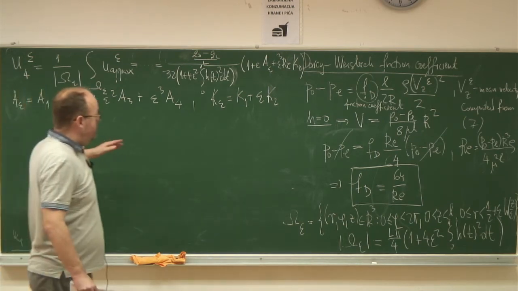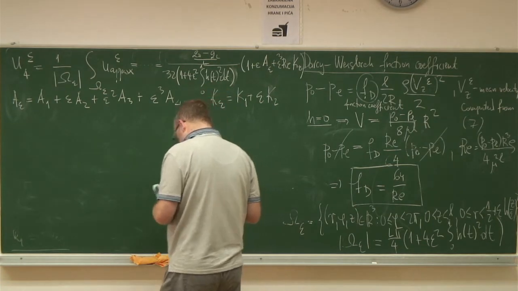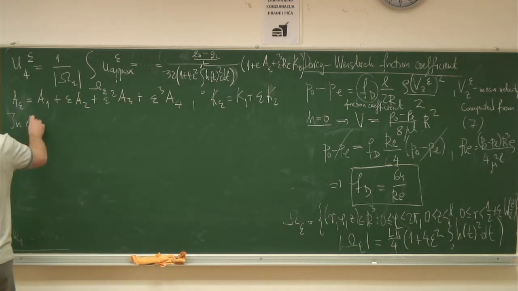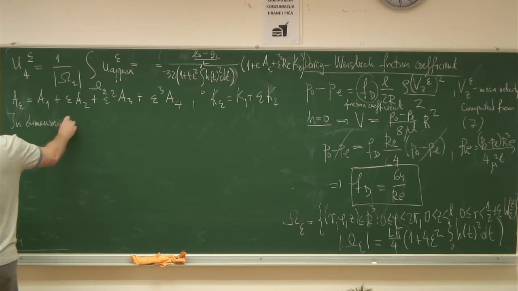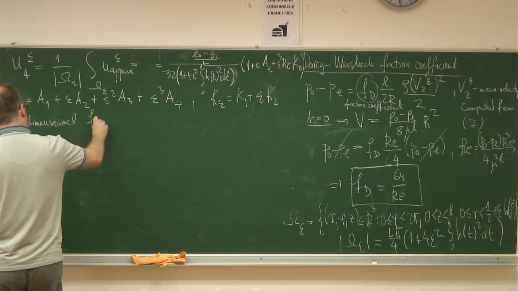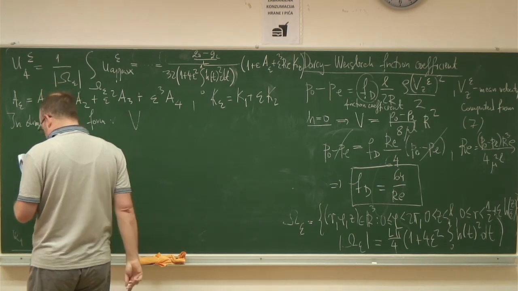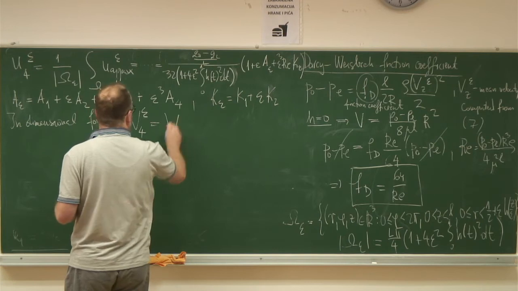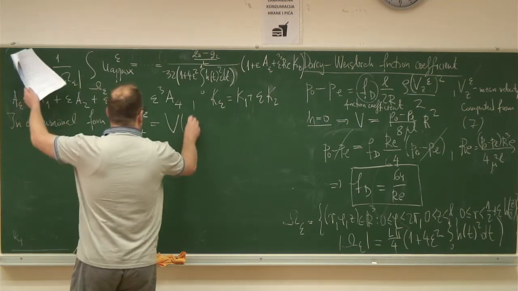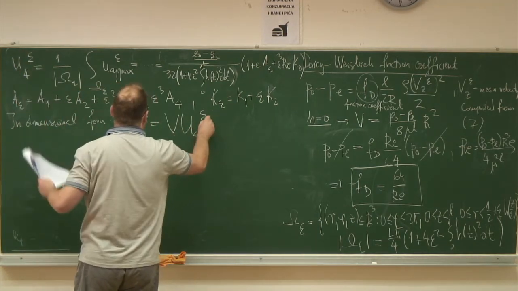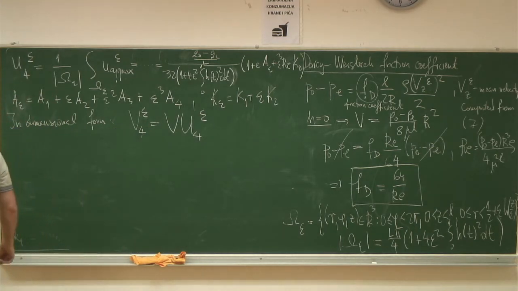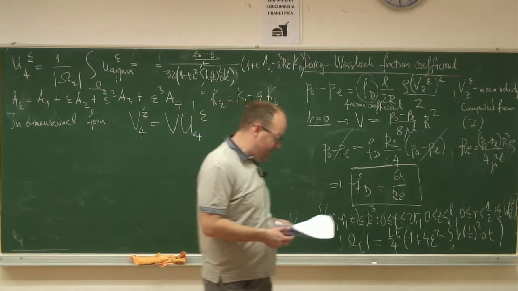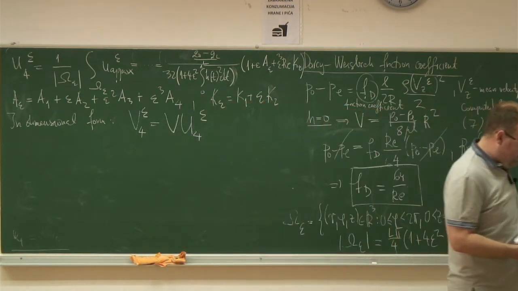So we have to go to the dimensional setting. So in dimensional form, we introduce this kind of notation. It is essentially the characteristic velocity times this non-dimensional velocity, where the characteristic velocity was written here as the mean value of the Hagen-Poiseuille velocity.